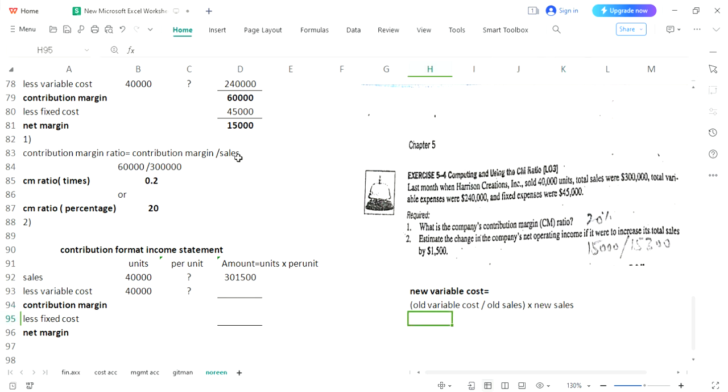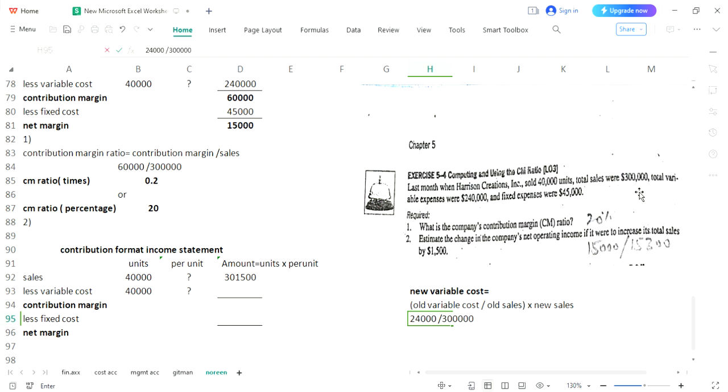What was your old variable cost? You can see over here. In the previous part, you have written 240,000. In the question, it was mentioned that when the old sale was 3 lakh, the old variable cost was 240,000. So you are going to write 240,000 over here, and then come to the formula. Old variable cost divided by old sales. When variable cost was 240,000, old sales was 3 lakh.